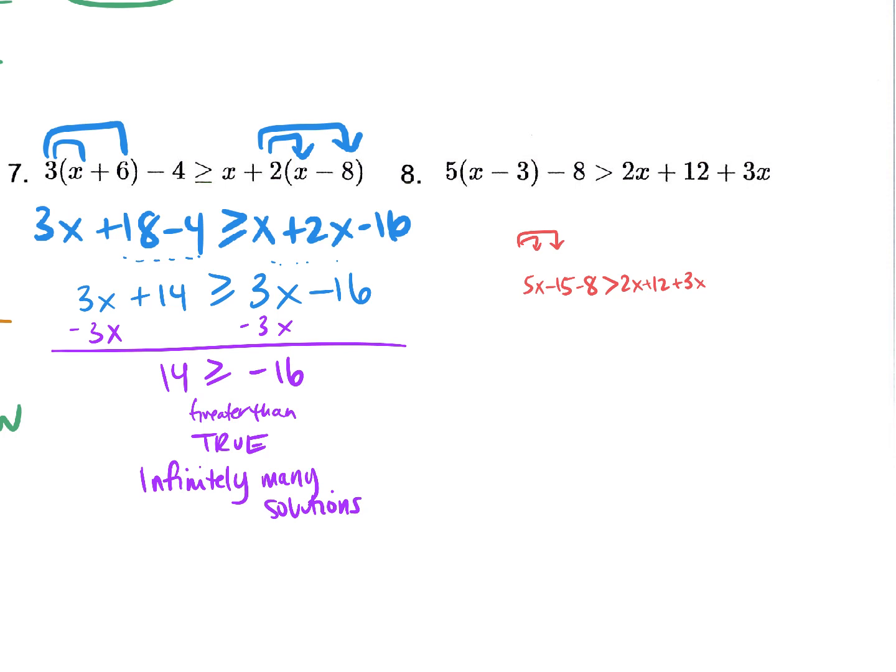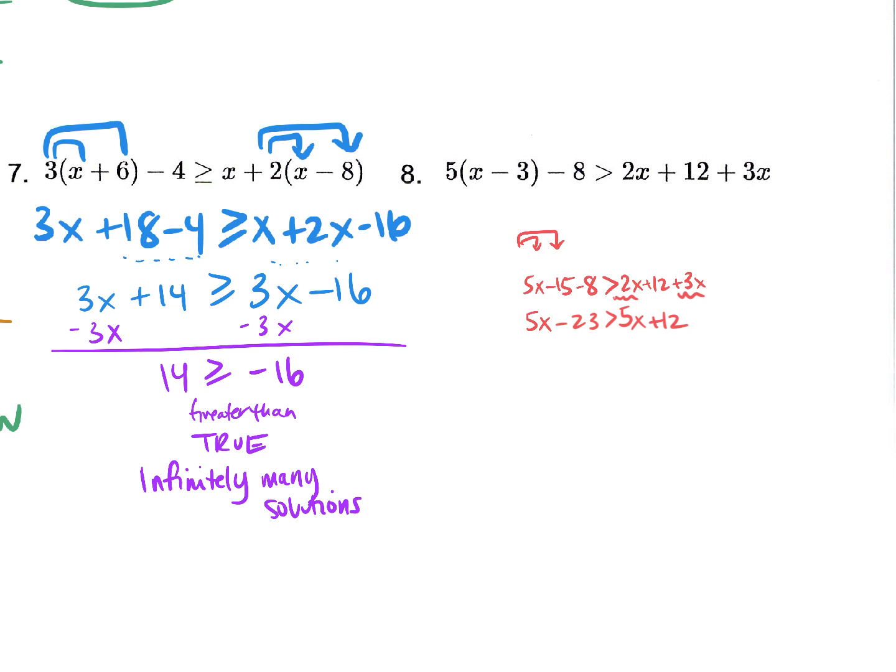This is like the Olympics of solving equations here. So we have 5x. So negative 15 minus 8 is negative 23. Combining 2x and 3x would be 5x plus 12. So you can either do that combination now or you can do it later, it doesn't matter.